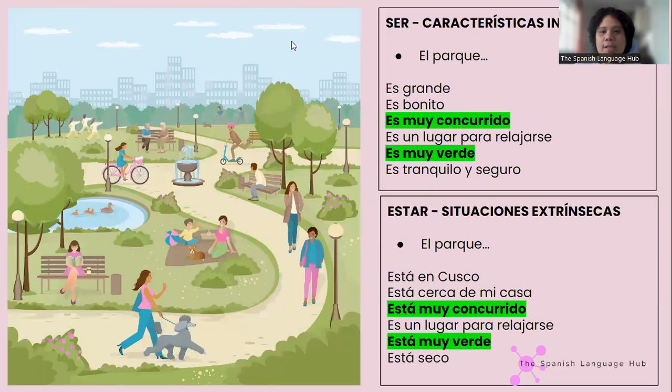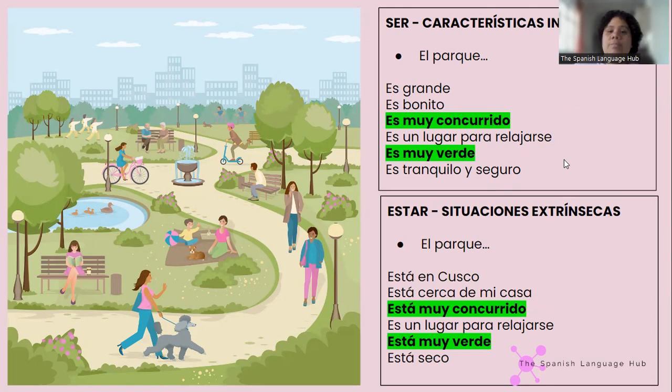Okay, so let's sum up. Let's look at this picture and these sentences. Ser, características intrínsecas. So everything that defines the place, the animal, the person. And situaciones extrínsecas are situations that are outside of us that don't really define us, right? Por ejemplo, el parque es grande, es bonito, es muy concurrido, es un lugar para relajarse, es muy verde y es tranquilo y seguro.